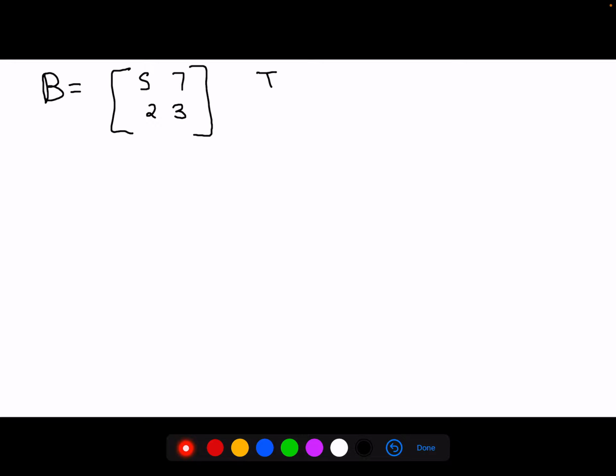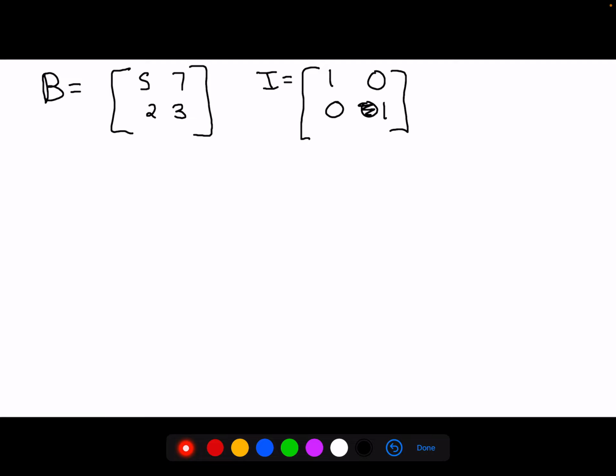The identity matrix would be that diagonal of 1s and then the 0s elsewhere.